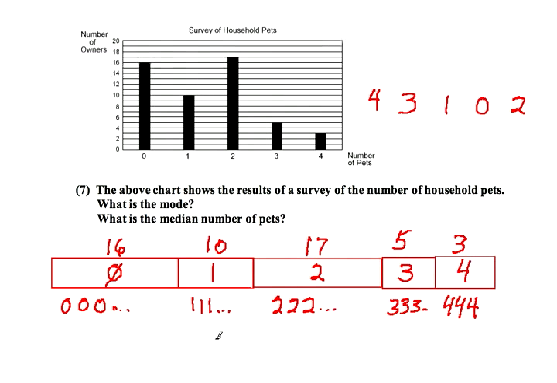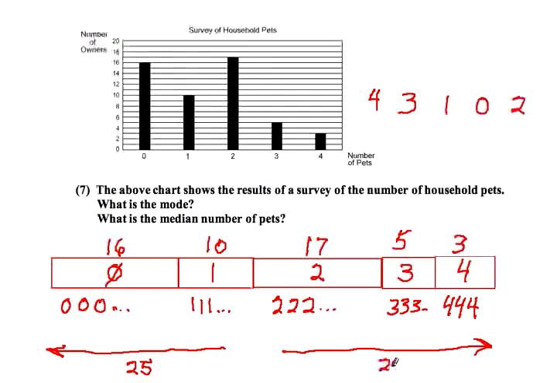If you divide by 2, you get 25 and a remainder, which tells you that there are 25 observations below the median and 25 above it. So the median is the 26th observation from the left.